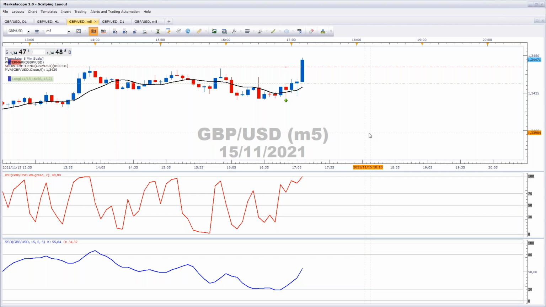Okay, 30 seconds, we'll get the next candle here. Okay, here's the next candle.